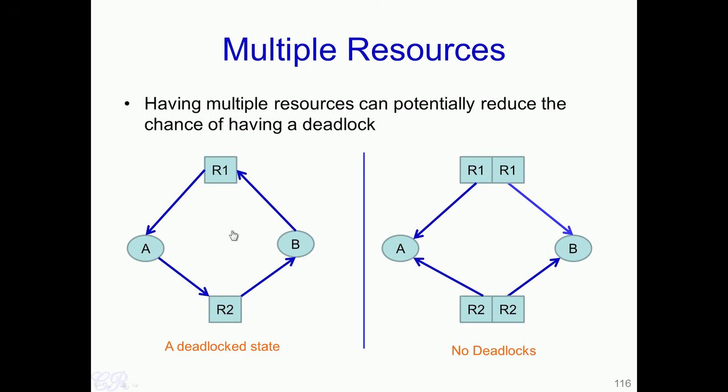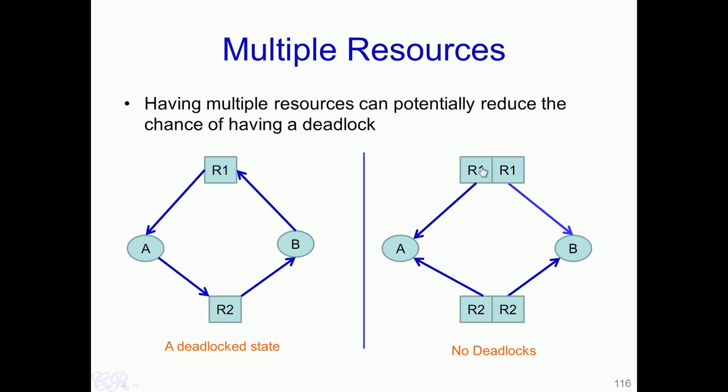Now, one way this can be solved is by having multiple resources. While this particular solution will not always work and essentially depends on the type of resources, it may help to some extent. For instance, if we have two resources of exactly the same type, then both A's request as well as B's request could be managed.